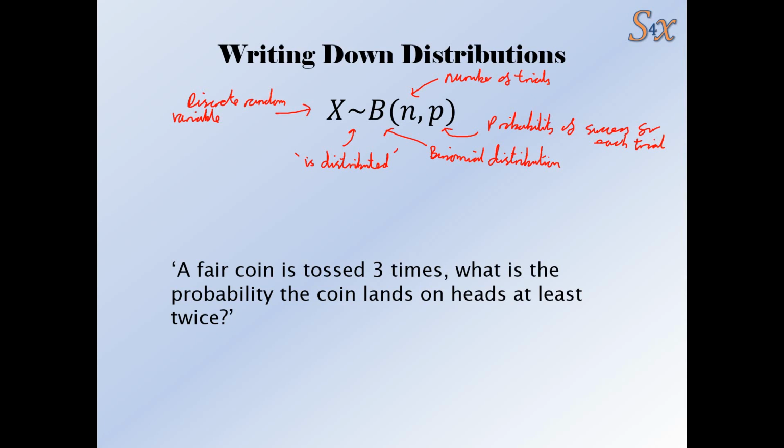Now, let's have a look at our example again, that a fair coin is tossed 3 times. What is the probability the coin lands on heads at least twice? Well, we can write a statement like this. We're saying X is the number of times the coin lands on heads. That's the event we're trying to figure out.